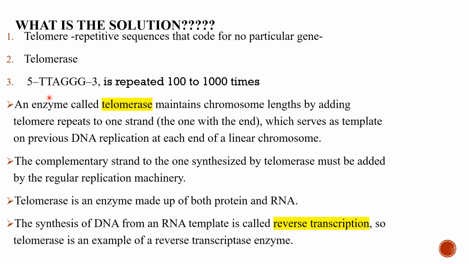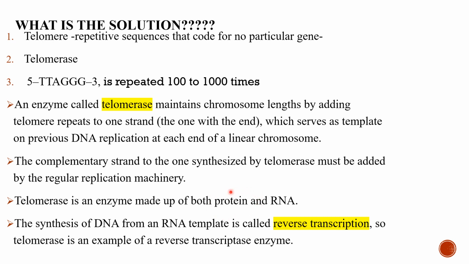Right. Now this telomerase enzyme, most of the enzymes are proteins, but there are also certain RNAs which act like enzymes. And the main nature of this telomerase is that it is made up of both a protein part and an RNA part. So it has two components.